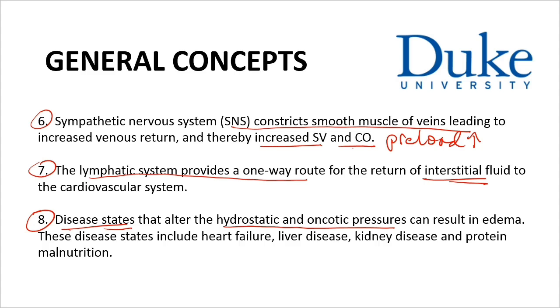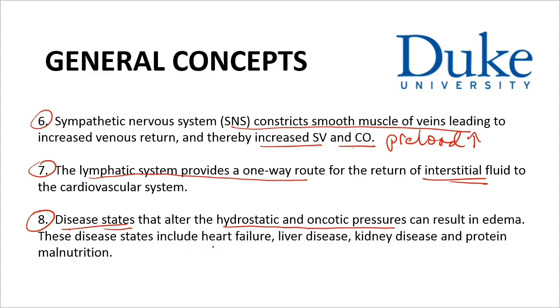Under these conditions, the liver is not able to make sufficient quantities of albumin, so the oncotic pressure within the blood is less. That means the attraction of water back into the bloodstream is less on the venous side, and so we will have a higher hydrostatic pressure than oncotic pressure all the way across the capillary. And again, edema will form.